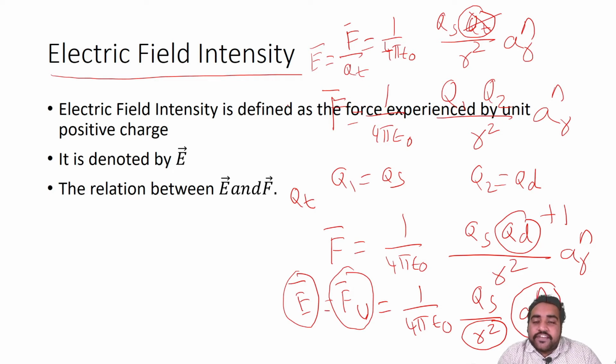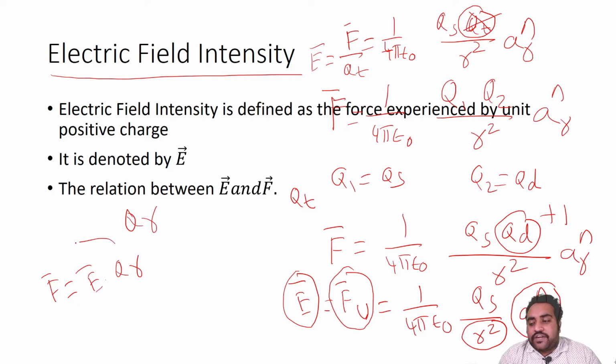or conversely, I can also say that if you already have electric field intensity, and you want to determine the electric force for some random charge QR, then I don't have to apply the inverse square law again. I can say that my force is directly E bar times QR.